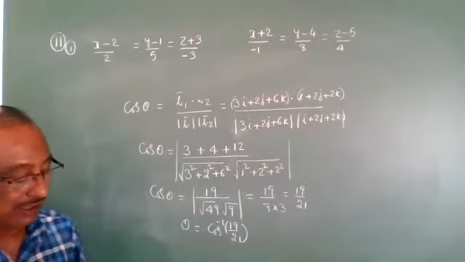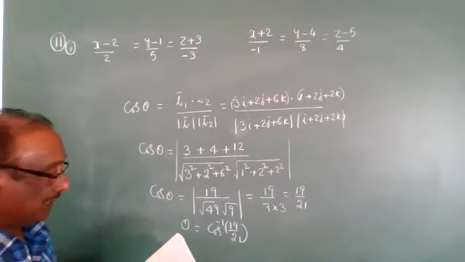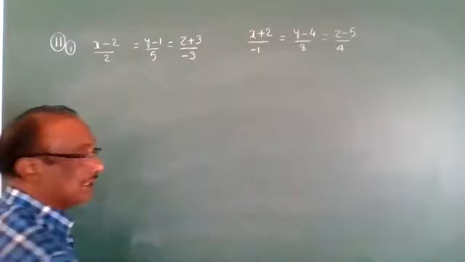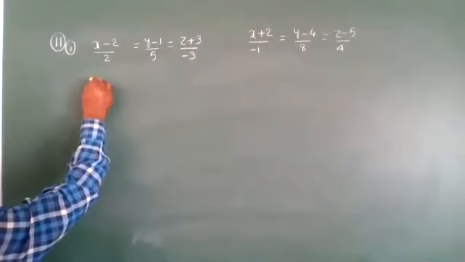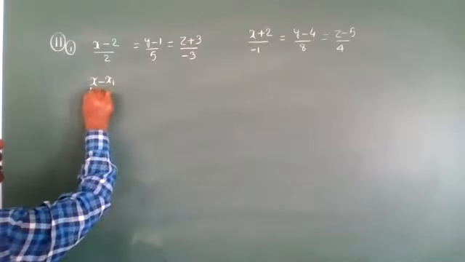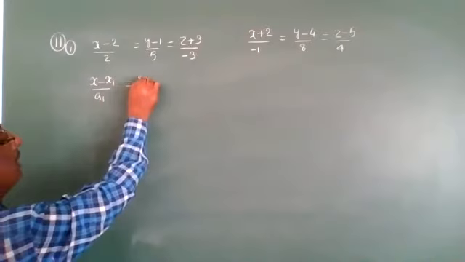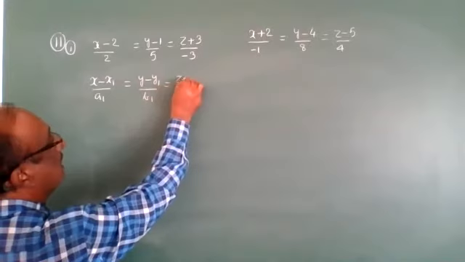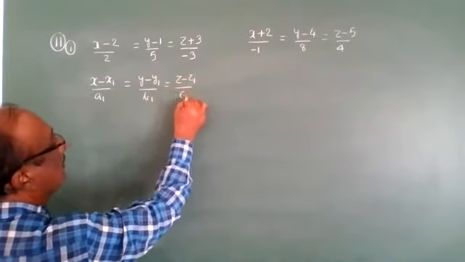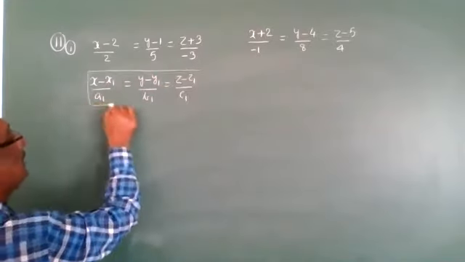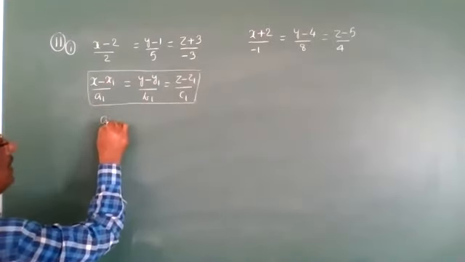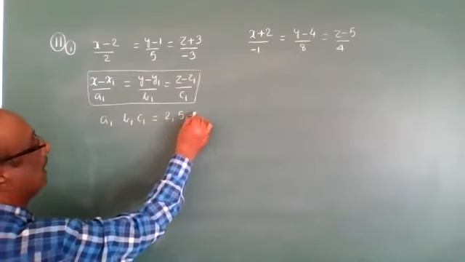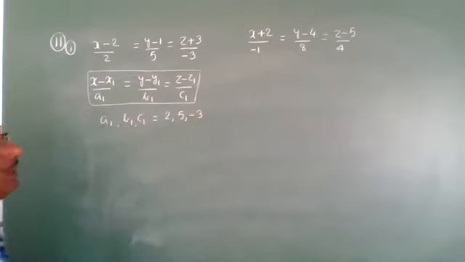Then what is the procedure to work out the problem? Everyone see, first write the equation in the correct form: (x minus x1) by a1, (y minus y1) by b1, (z minus z1) by c1. By comparison, a1, b1, c1 is 2, 5, minus 3. One point is completed.